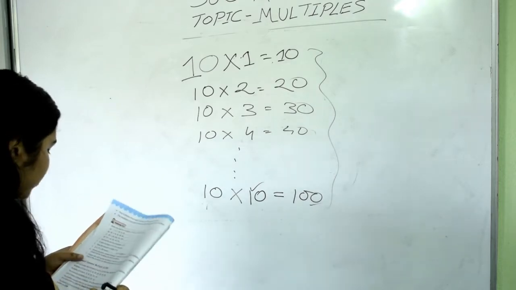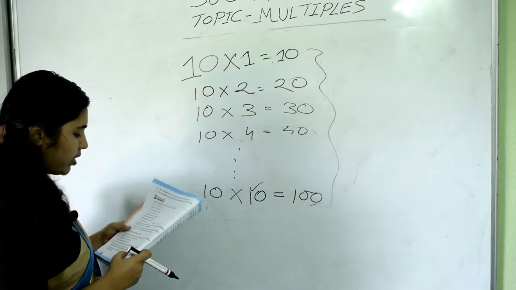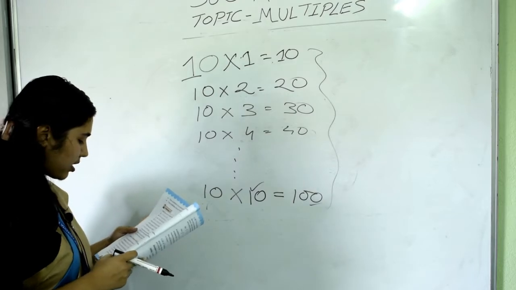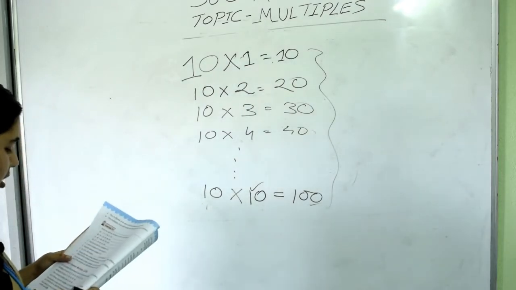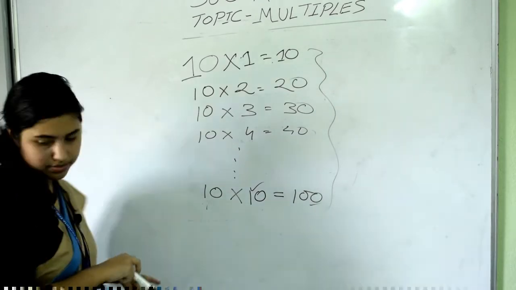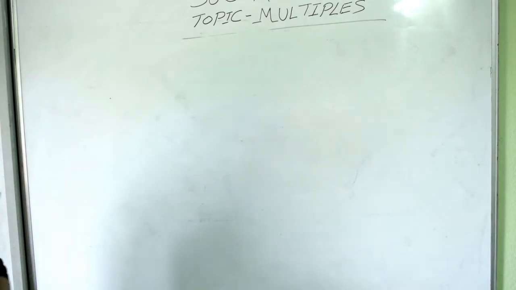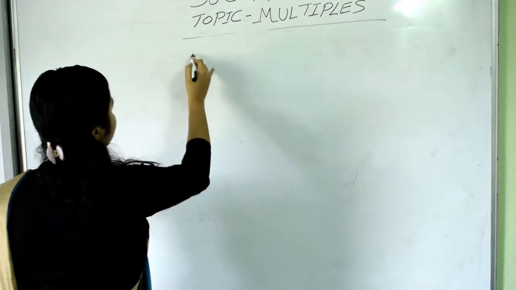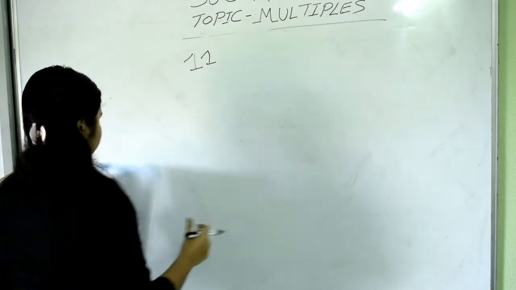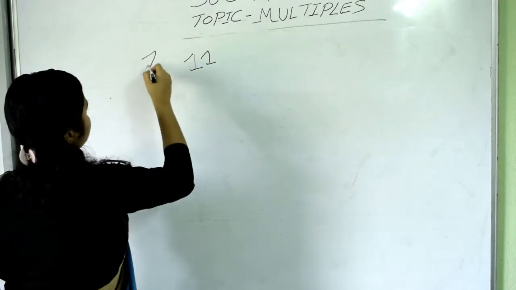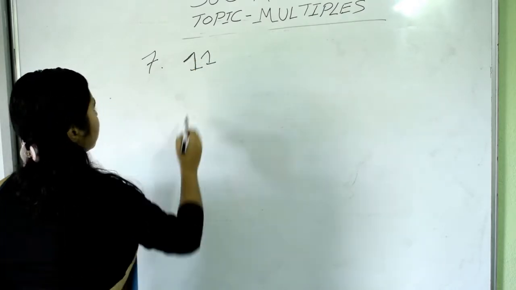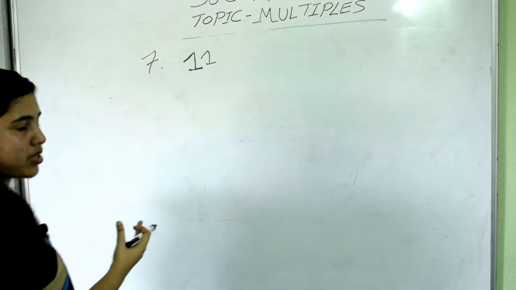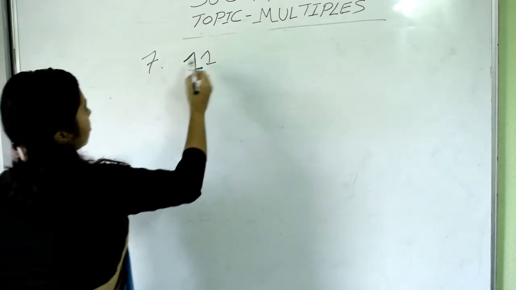And next one, choose any odd number between 1 to 20 and write its first 10 multiples and check if the numbers are alternately even and odd or not. So choose an odd number, suppose 11. You can choose another odd number.